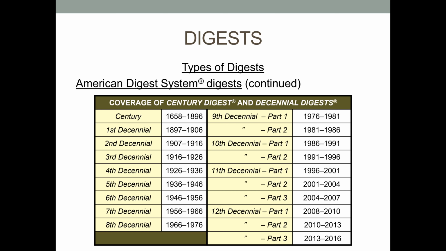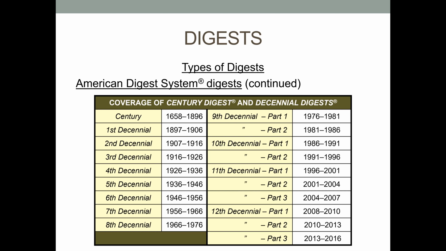And when we got into the late 70s and early 80s, because the courts were growing and more cases were being decided, West decided to issue these decennial digests in parts, and each part would cover about 5 years. And so the ninth decennial digest has part 1, which covers 1976 through 1981, and then part 2 of the ninth decennial covers abstracts from cases decided from 1981 to 1986.